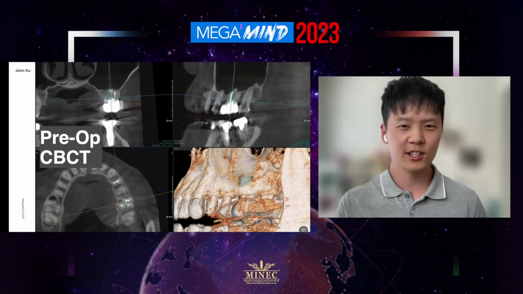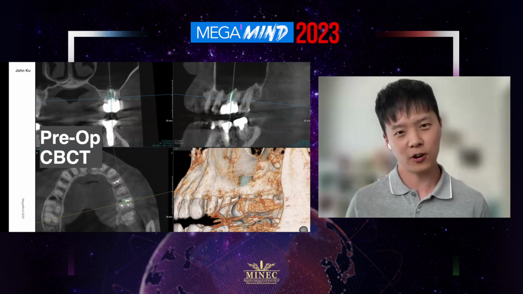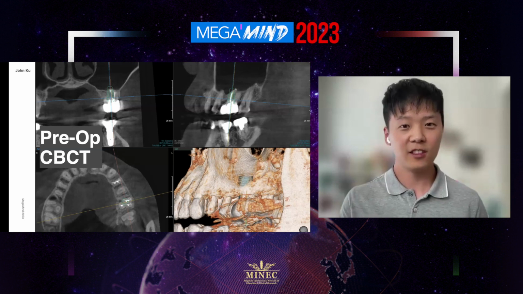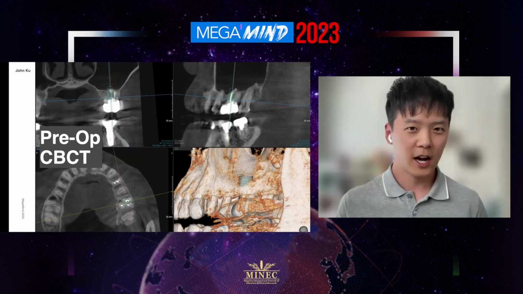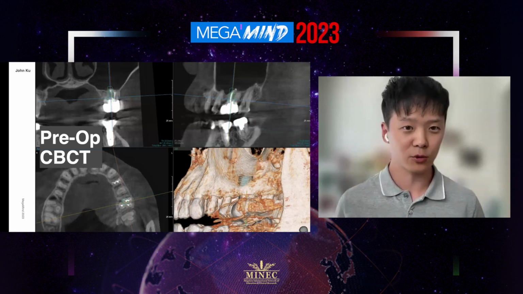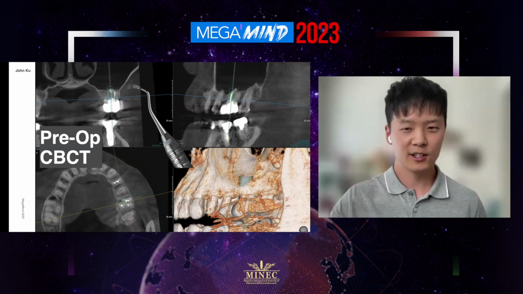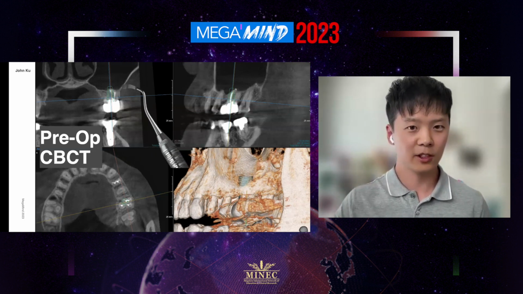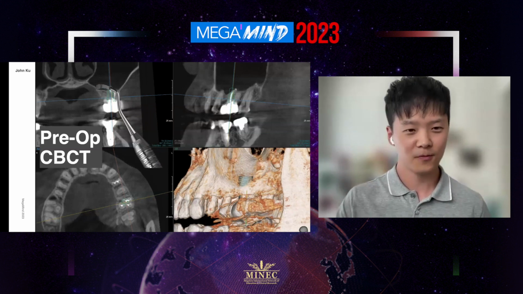And studying the sinus cavity here, there is a very wide base of the sinus floor and also a very thin lateral wall present. In this situation, I prefer to perform sinus augmentation via lateral approach. It is also important to make sure the sinus membrane is elevated from the lateral wall all the way to the medial wall of the sinus floor.